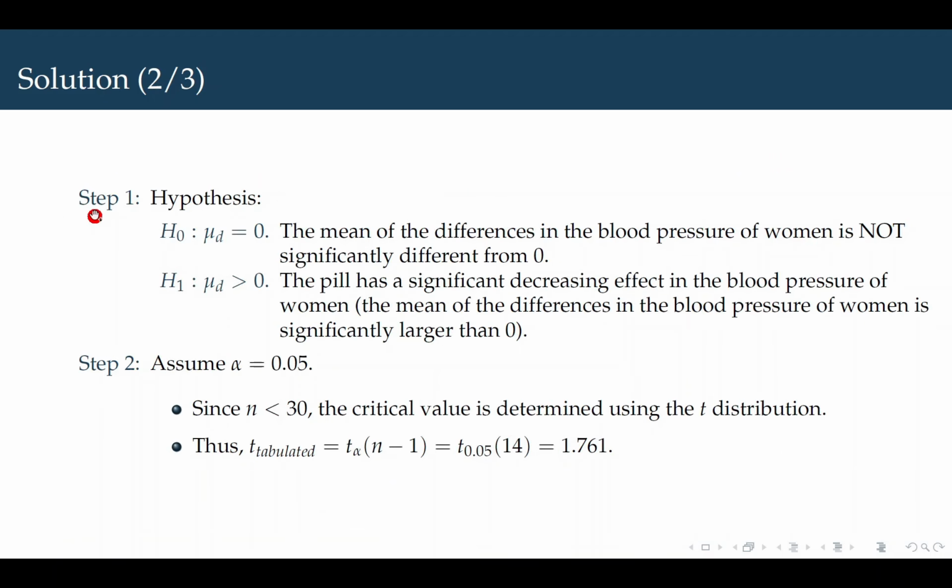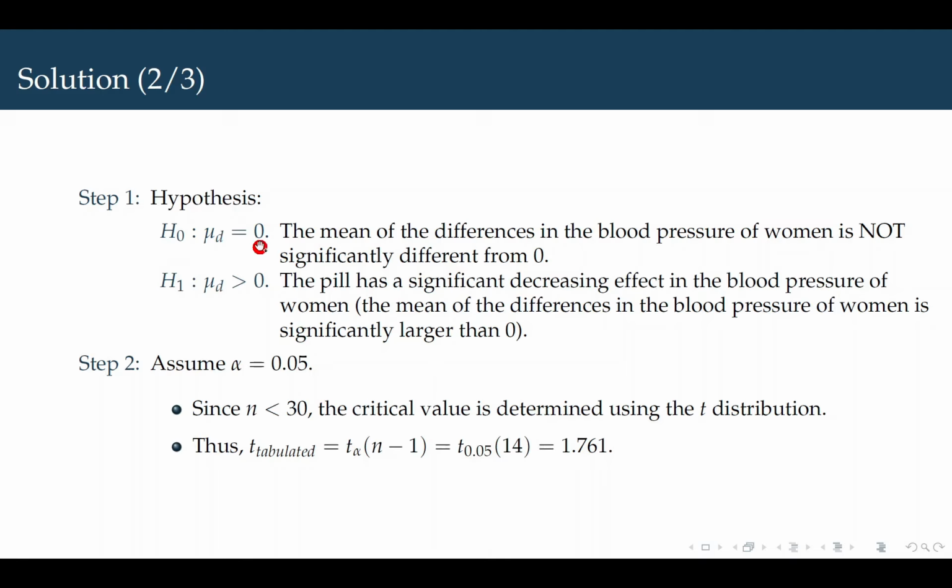Then here, to test the hypothesis which states that the population mean of the differences is not significantly different from 0 or is significantly different from 0, first we have to test the null hypothesis as mu d equals 0.